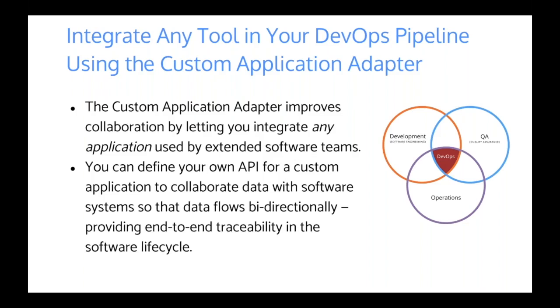So we created a custom application adapter that allows you to integrate any application with any other application using ConnectALL. You can define your own API for this custom application to collaborate the information between the data flow that can flow in a bi-directional fashion.